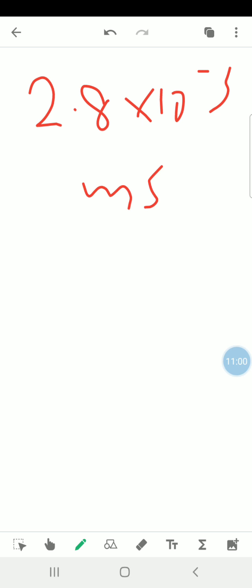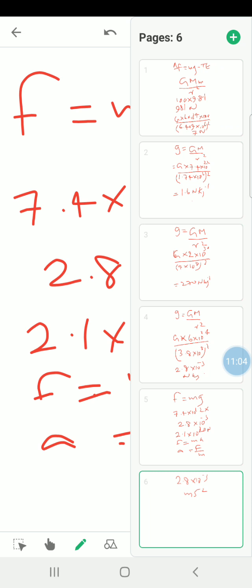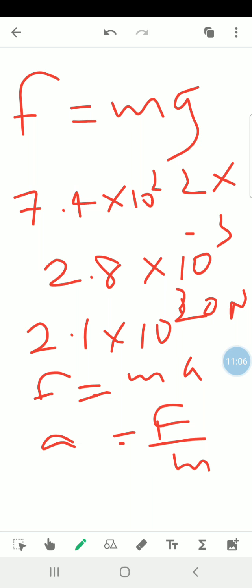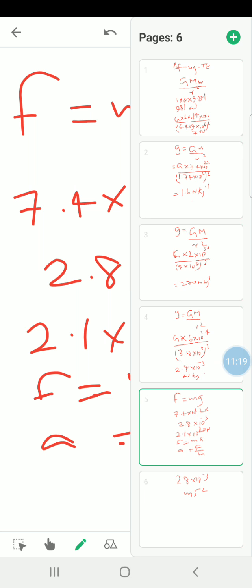We know what F is, we know what m is, and when you use those values, you will get 2.8 into 10 to the power minus 3 meters per second squared. If you are not sure what F and m are, look at the table. F is 2.1 into 10 to the power 20 newtons. Mass is from the table.